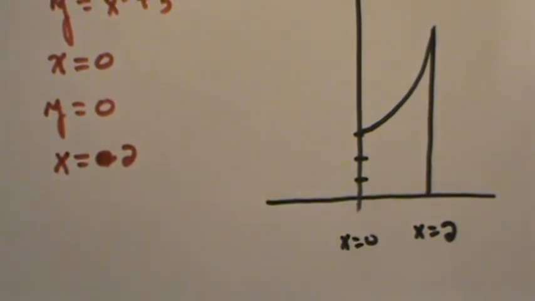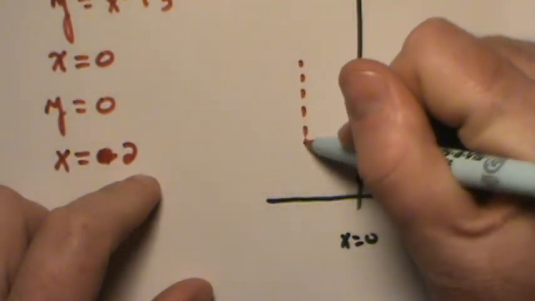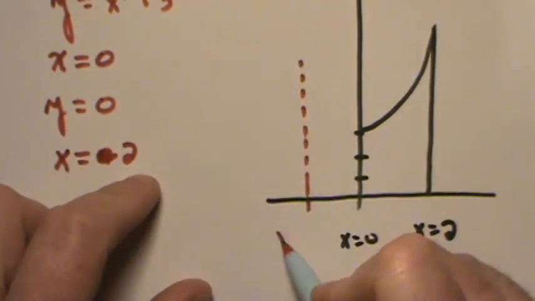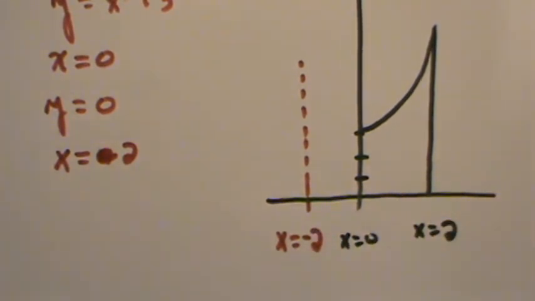Let's revolve this about x equal -2. If I revolve that region about x equal -2, it's going to be set up as 2 different integrals.